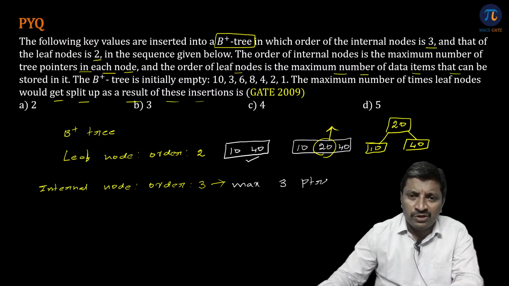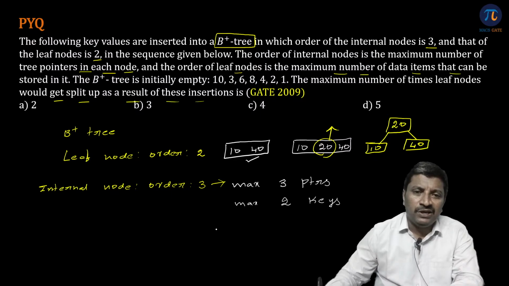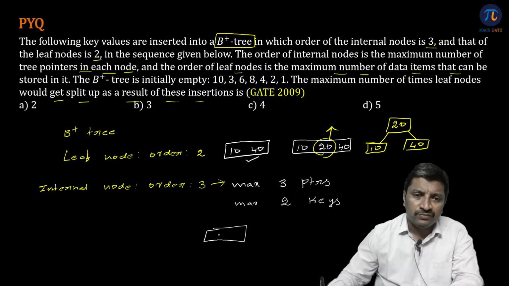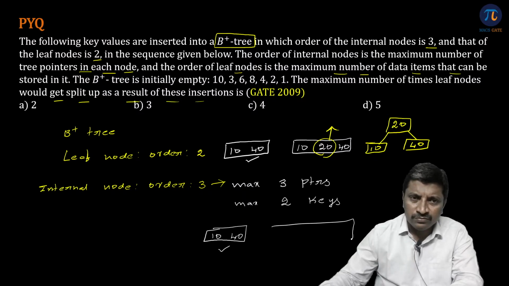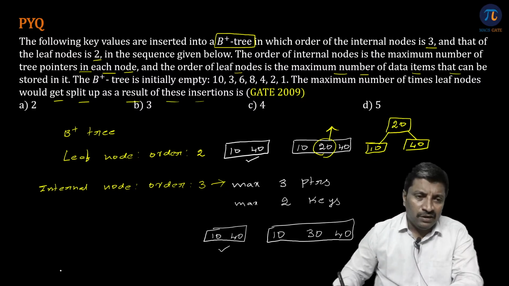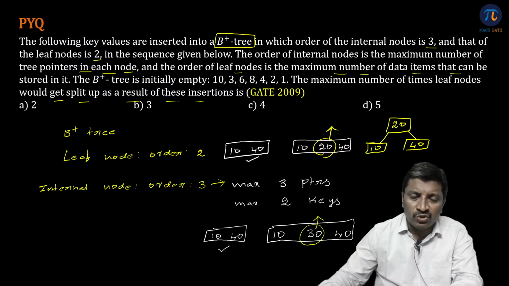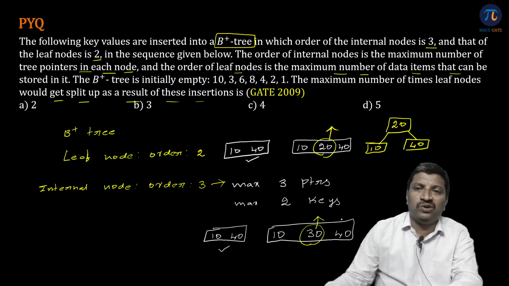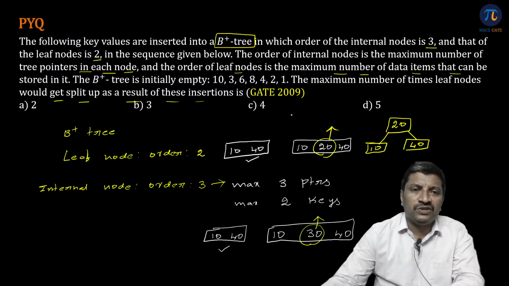So it will have maximum 3 pointers. Whenever it is having maximum 3 pointers, how many values it can have, sir? It can have 2 keys. Okay, the same story, sir, I think. So whenever I have 10, 40, there is no issue. Now let us suppose I have some 10, 30, 40. Then since it is having more than the requirement, I need to move this node to the next level. So this is what you are having, sir. Right? Now let us do it.